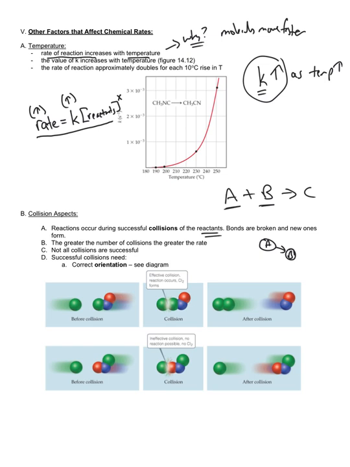And there's a couple of requirements of this collision. First of all, it has to occur, but not all collisions will be successful. Okay, why is that? There are two requirements with collision theory. But one thing I do know is that if the temperature goes up, there are more collisions because the molecules are moving faster, and that's going to cause the rate of the reaction to increase.